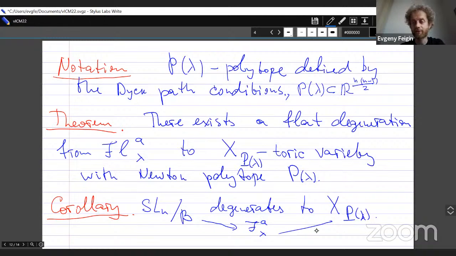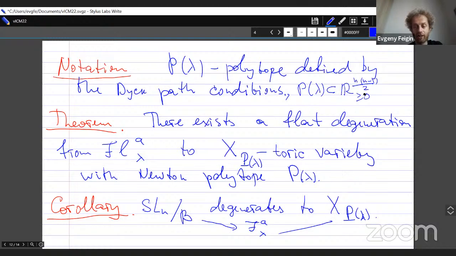Actually, we can even say that since all the coordinates are non-negative, this sits in R greater or equal to 0 to this n times n minus 1 over 2. Note that the Sij's, as I said, are integers. So we can say that the bases we've considered in the previous slide are labeled by integer points inside the polytopes P of lambda.